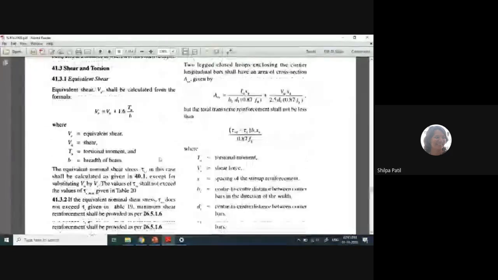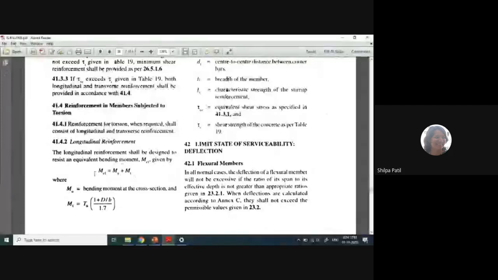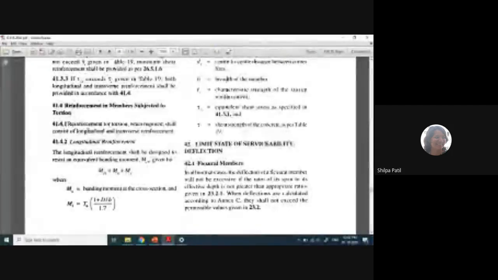So here is the formula for our longitudinal reinforcement. See here, this is the clause. Reinforcement for torsion when required shall consist of longitudinal and transverse reinforcement.